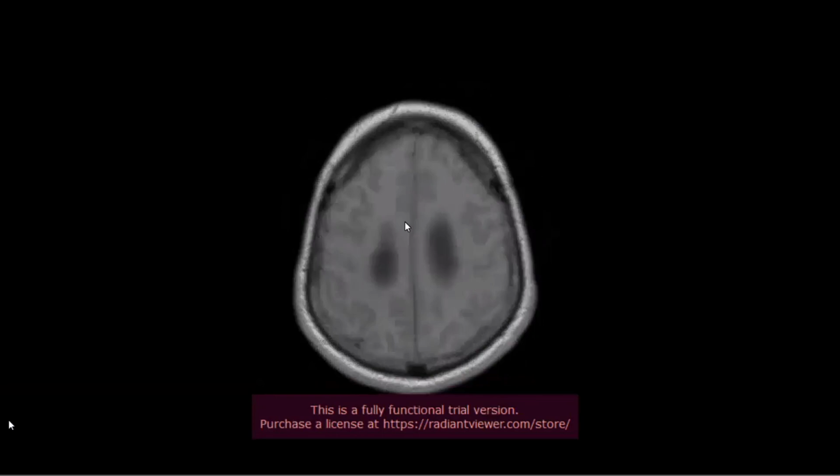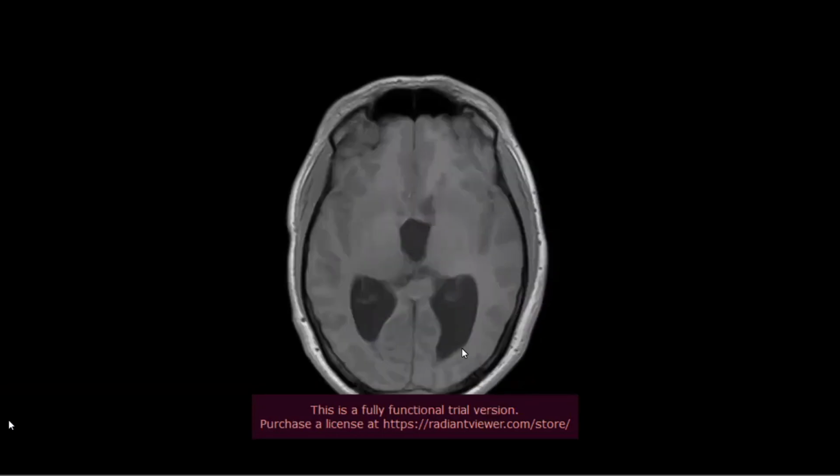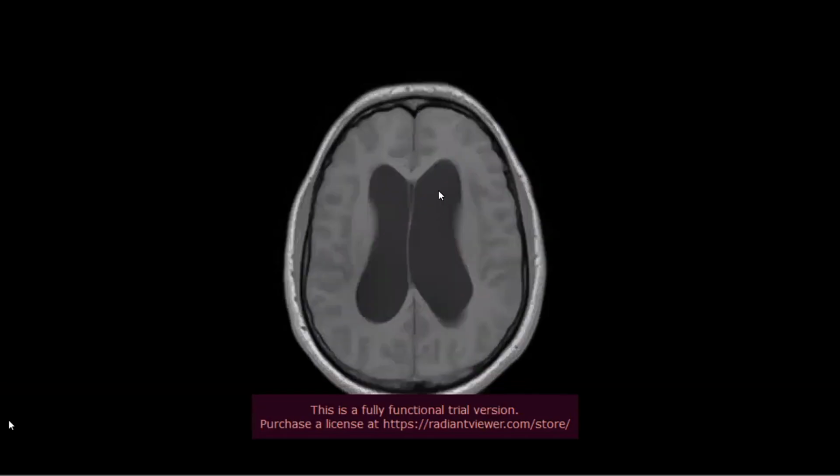So if you see such a dilated ventricular system, go to the root cause. Do not keep describing the ventricles and the mass effect, because you will lose time in doing that.